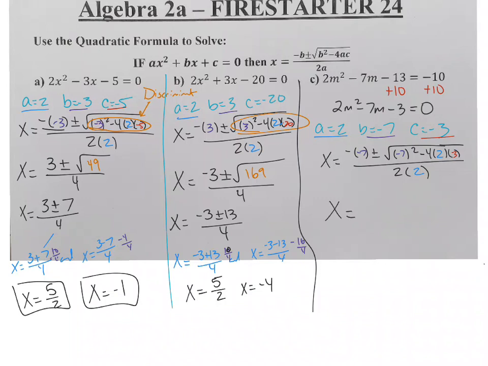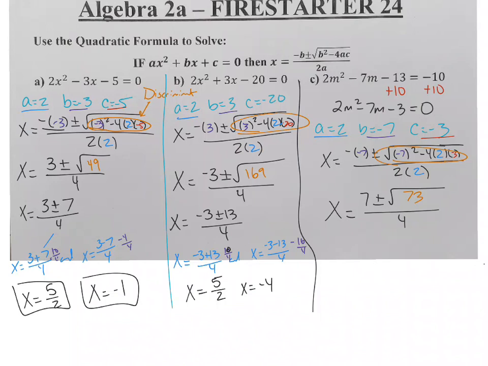X equals the opposite of negative 7, which is positive 7, plus or minus. Remember, I'm going to do this discriminant in my calculator without the radical, and I end up with 73. That one is not perfect. All over 4.